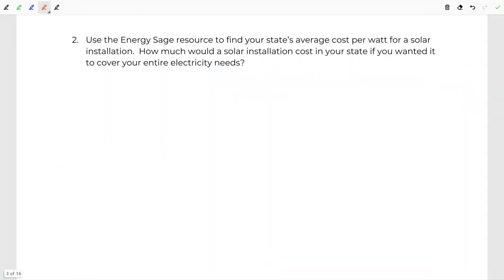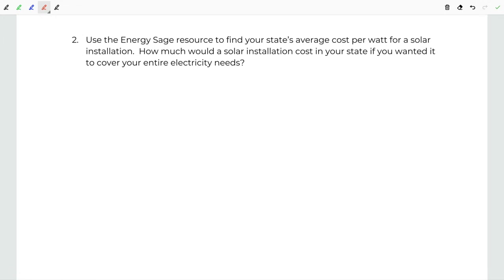Okay. Now, this is another one that you just need to look up. You need to go look at the Energy Sage resource in order to find out your state's average cost per kilowatt or per watt for a solar installation.